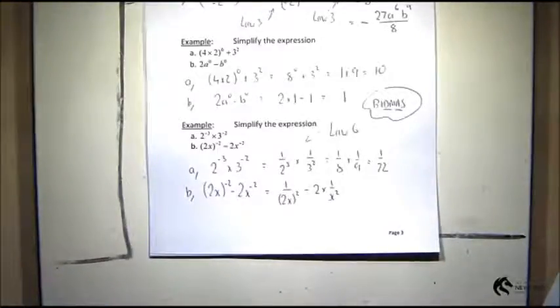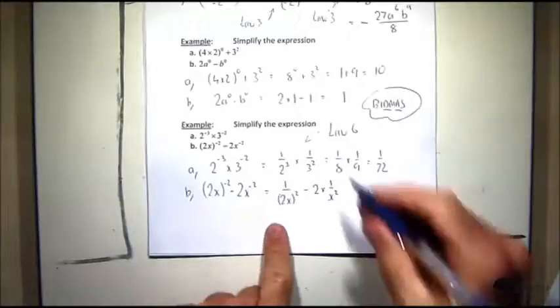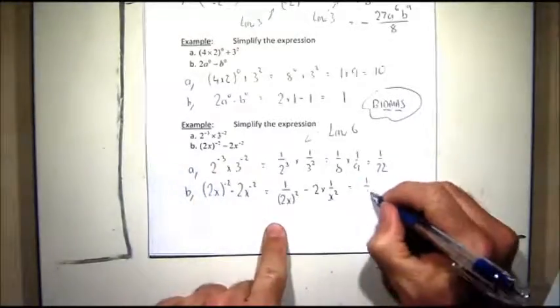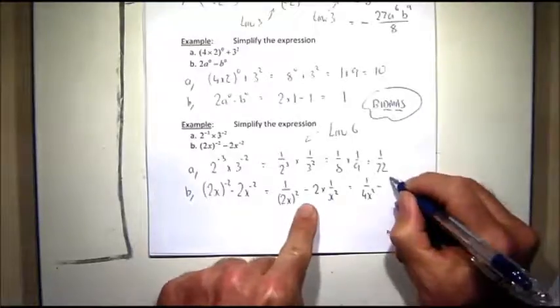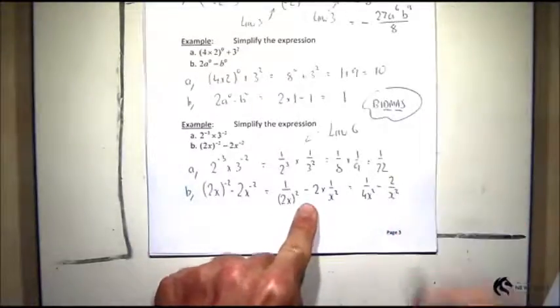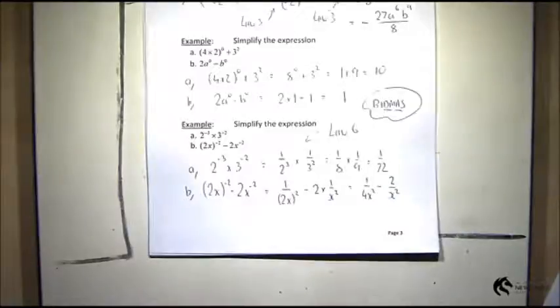So you can see that the brackets make those two terms different. Now 2x all squared is 4x squared, so this becomes 1 on 4x squared, and this becomes minus 2 on x squared. And so there's that one rearranged.